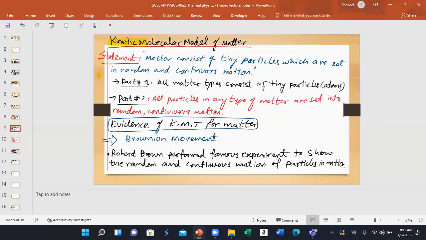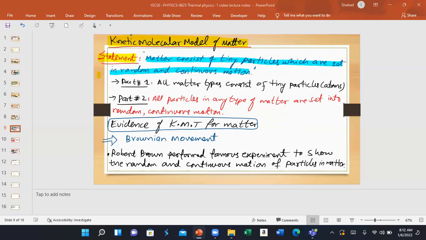Okay, now we have to look upon the famous kinetic molecular model of matter. First, its statement. The statement says that matter consists of tiny particles which are set in random and continuous motion. It means that matter, whether it is solid, liquid, or gas, consists of very tiny particles which are known as atoms, and all of them are set in random continuous motion.